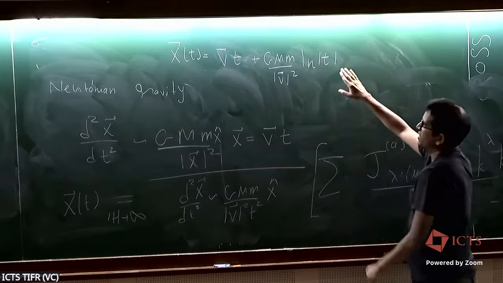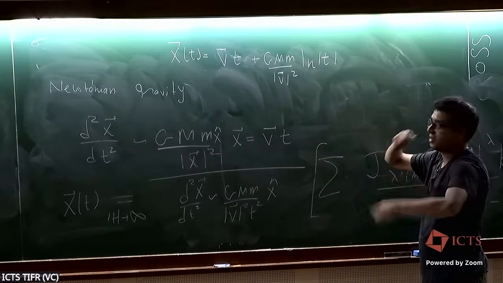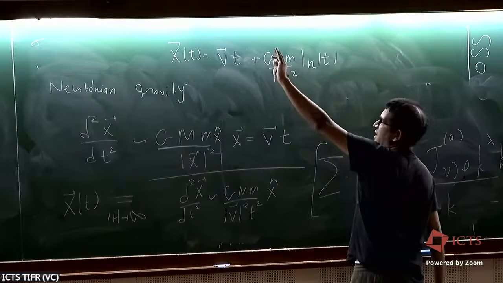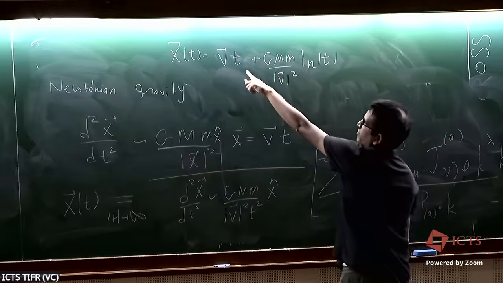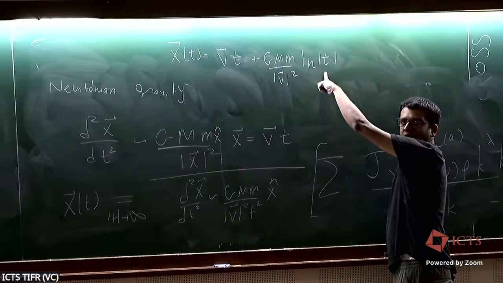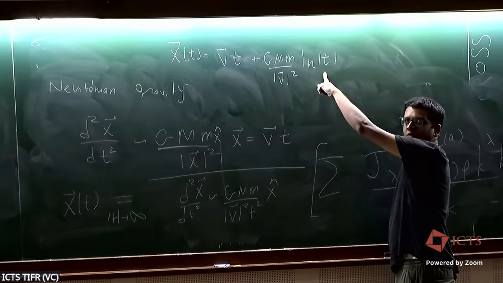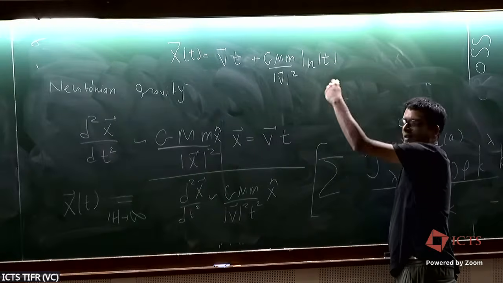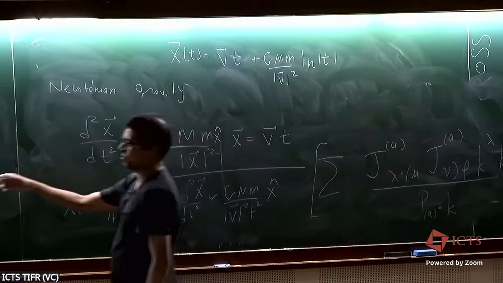So even in Newtonian gravity, because of the long range force, however late time you go, the trajectory is never free because this term is not dying, right? And this is the term we have assumed is not there, which is why our assumption is same as saying that we are in higher than 4 dimensions.